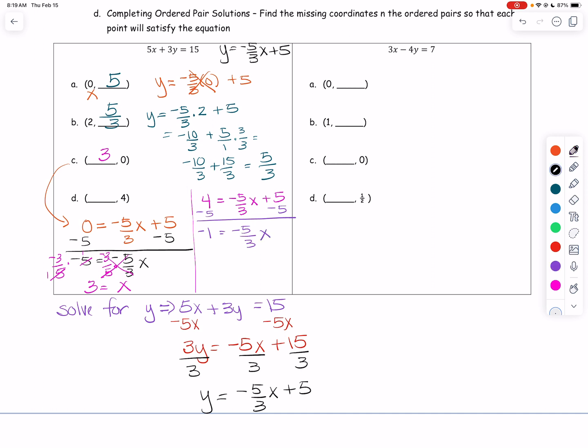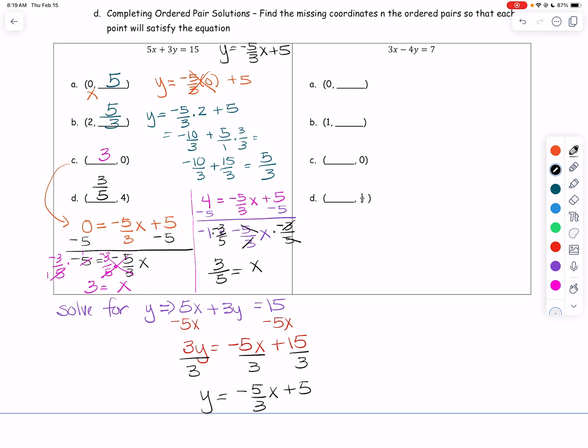And then I still multiply by the reciprocal, negative 3/5. And so the negative and negative cancel, and I get 3/5, and that makes x. So 3/5 is your other part of the ordered pair.